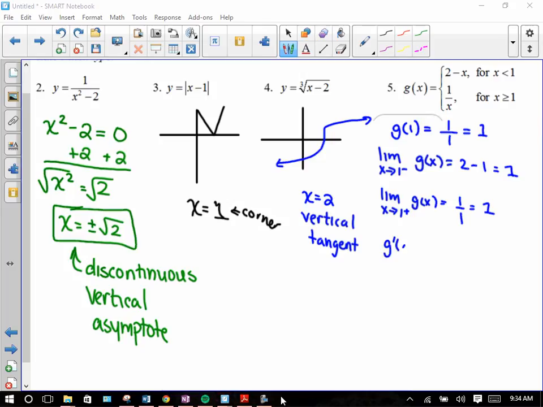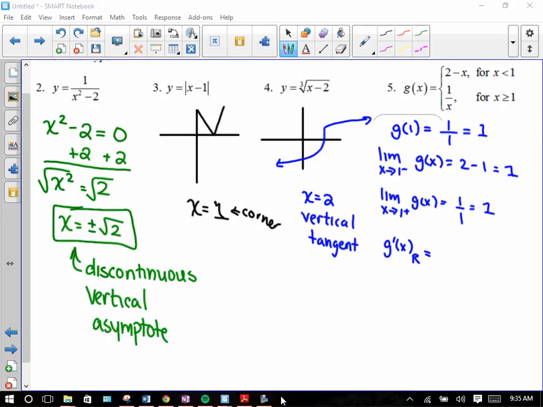The right side would be which function? This function right here, 1 over x. So to take the derivative of that, what do we have to do to x?